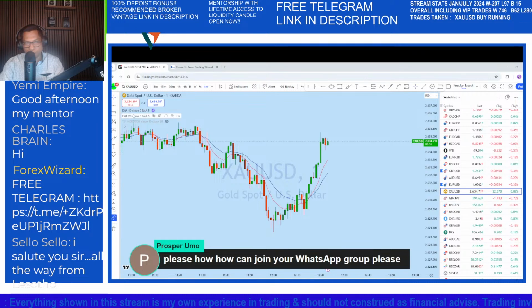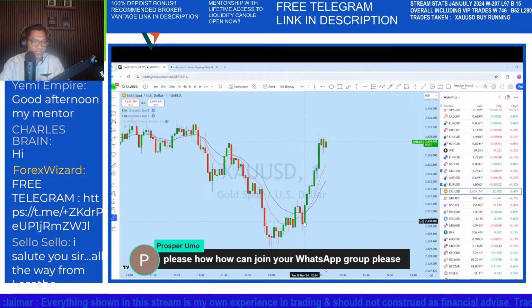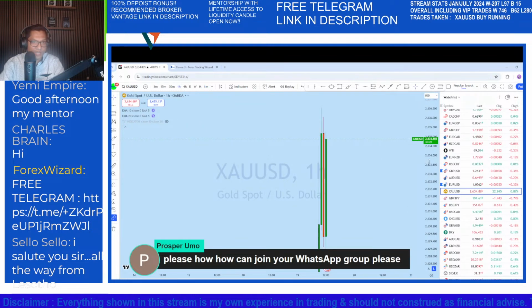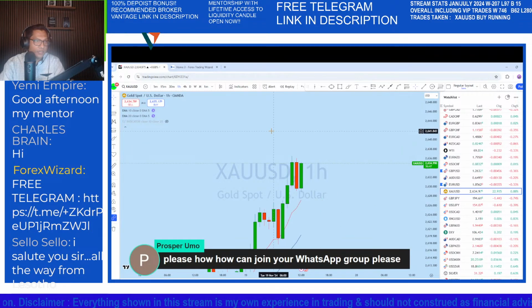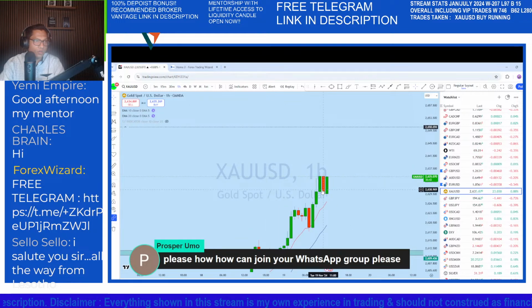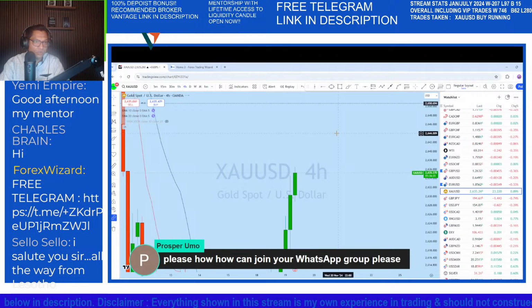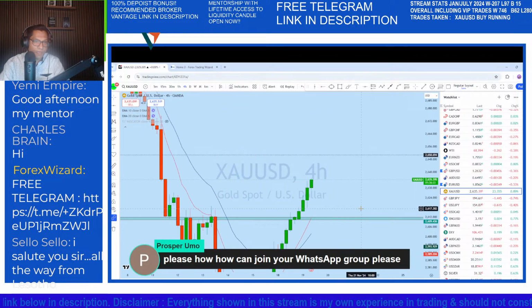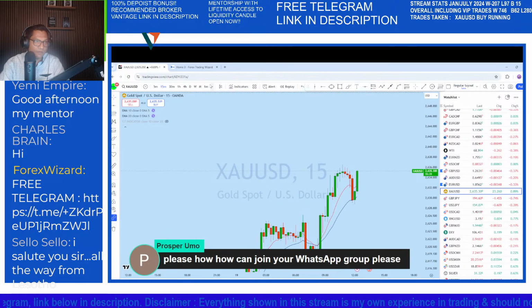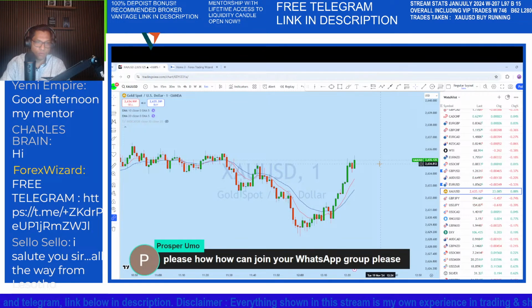So now let's look at the XAUUSD 1 minute chart. We have seen that bounce, and if I look at this one here, this is the 1 hour chart, and with this 1 hour chart we can see that there is potentially another bounce, and in this uptrend the market is moving back with a stronger momentum.